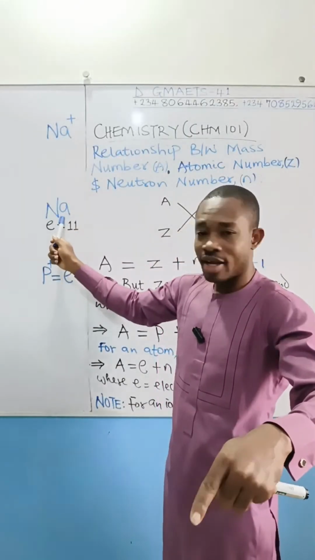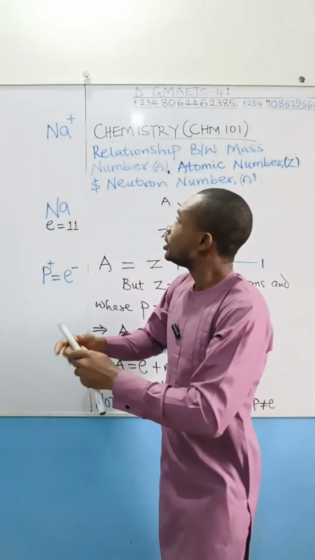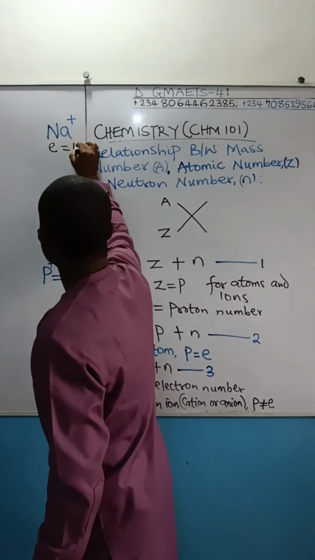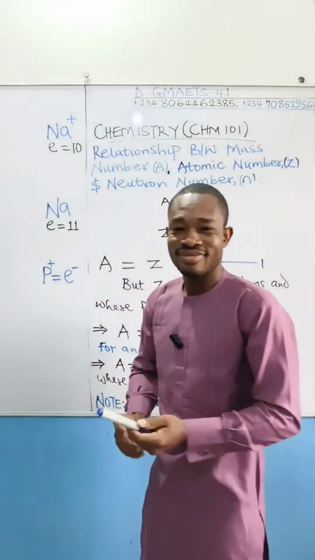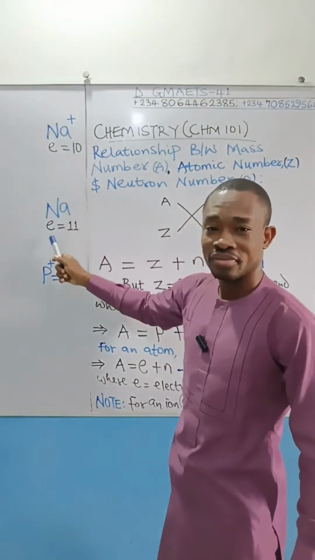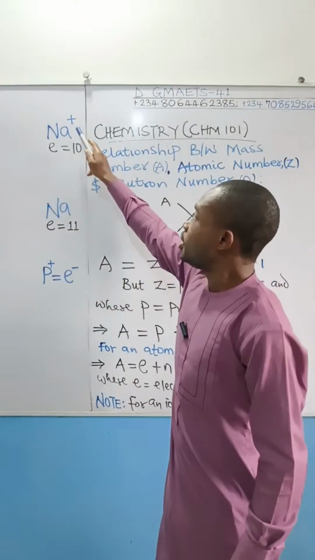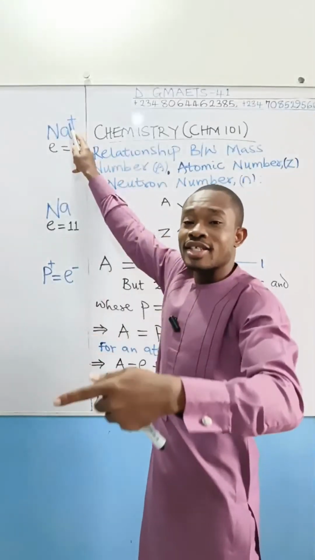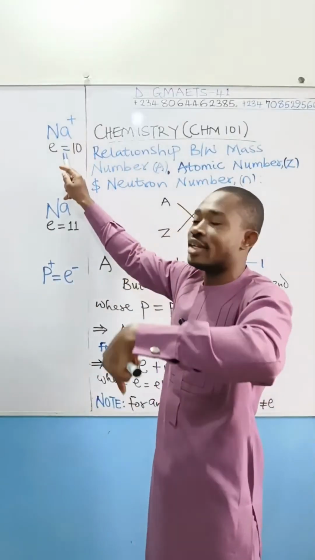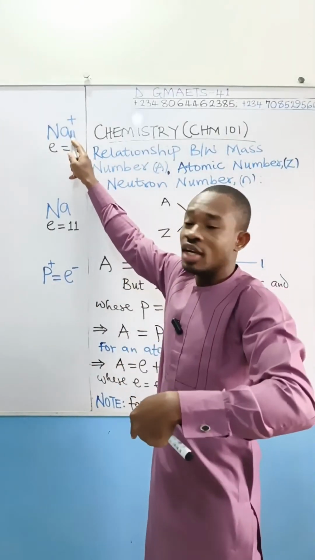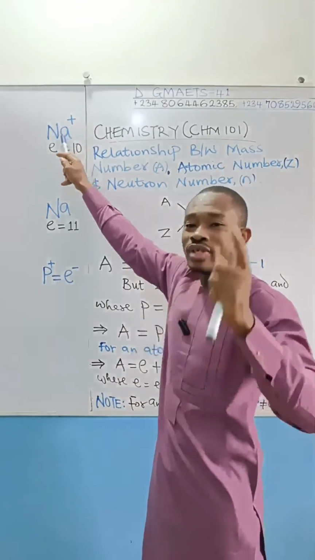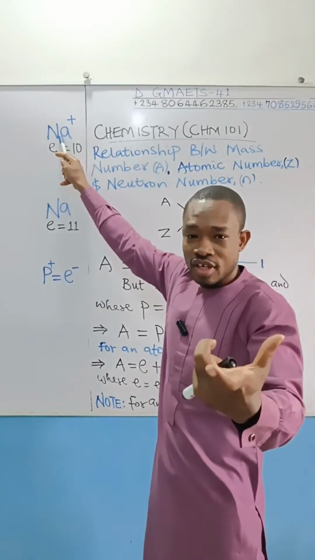So it is no longer this form. In this case, the number of electrons is equal to 10. Are you seeing the difference? This plus you are seeing here, just 1 plus, shows excess positive charge compared to negative charge. Like for sodium now, the positive charge will be 11 because the number of protons will still remain 11.